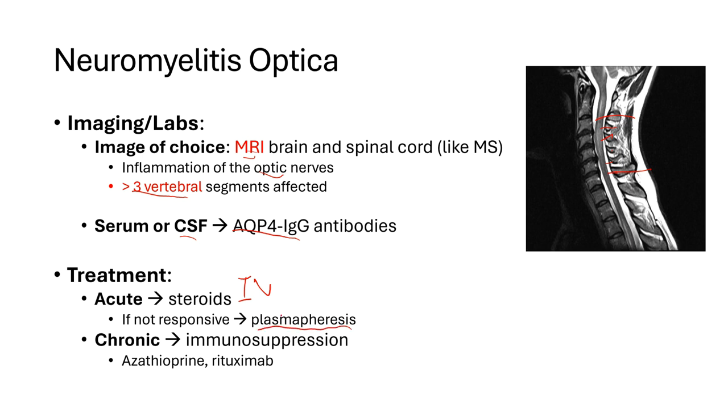The reason why we do this is because, compared to multiple sclerosis, NMO is actually far more severe and the symptomatic presentation is much worse. Thus, we do not want to wait for them to respond to steroids. We give them a trial, and if they do not respond in time, then we do a plasmapheresis in order to clear out their blood. For chronic treatment purposes, we typically need immunosuppressants. This can either be with azathioprine or rituximab.